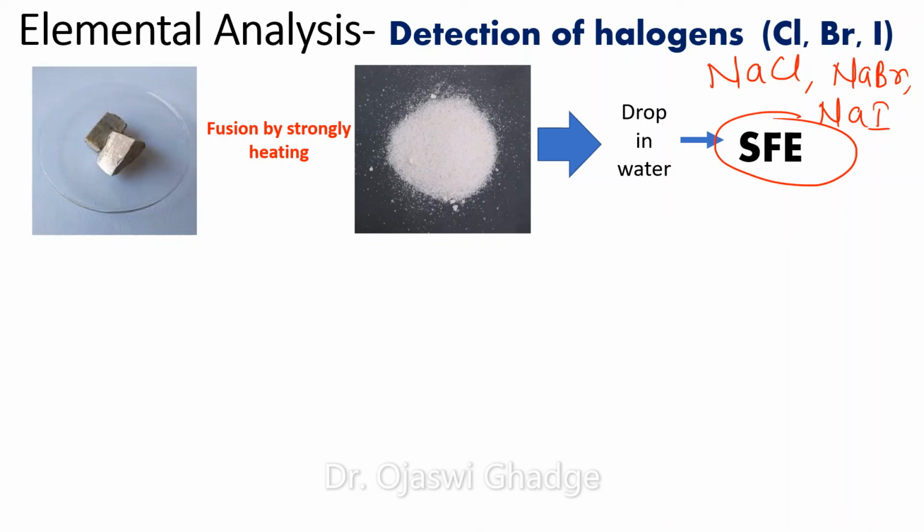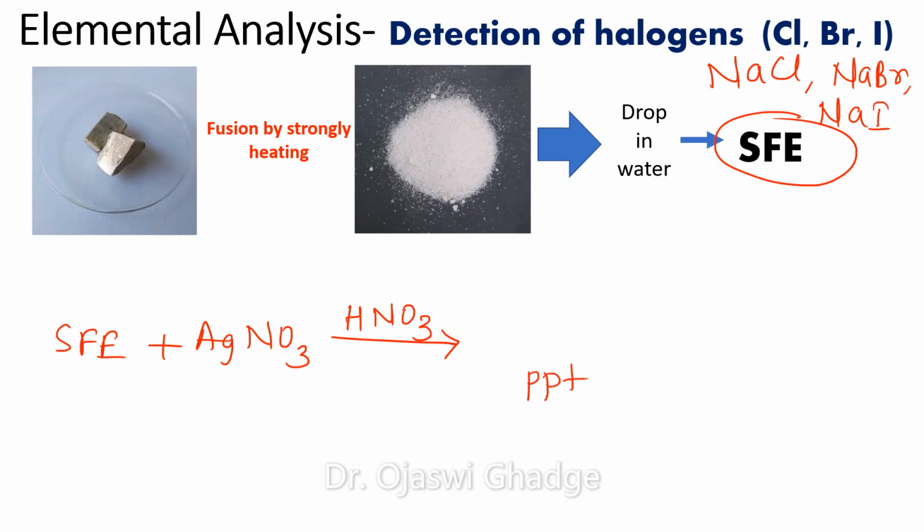If I treat this sodium fusion extract with silver nitrate in acidic condition, provided by dilute nitric acid, then a precipitate of silver halide is formed along with NaNO3.